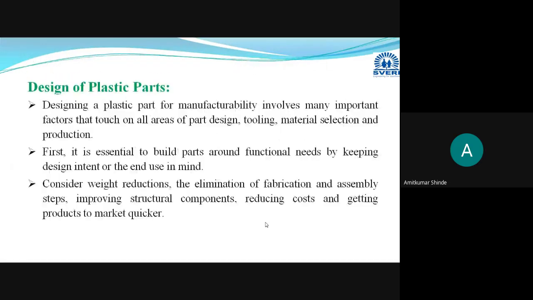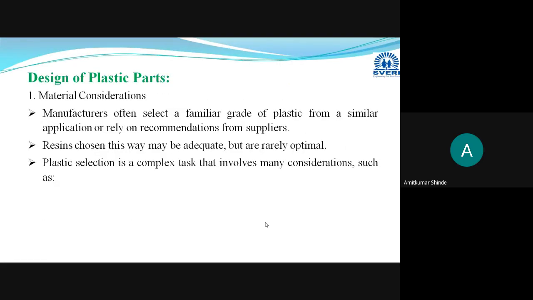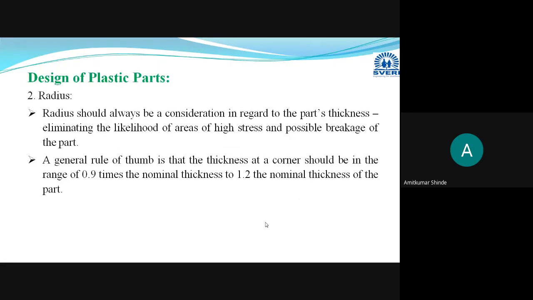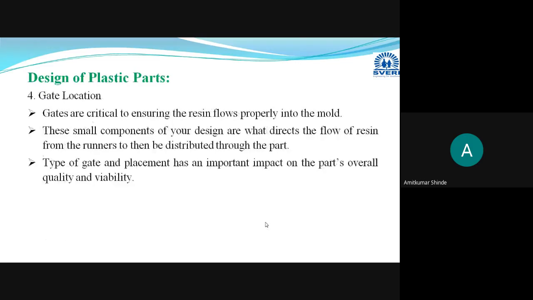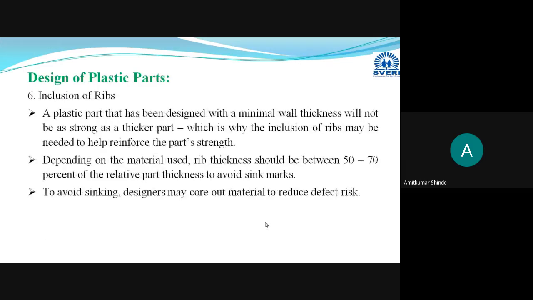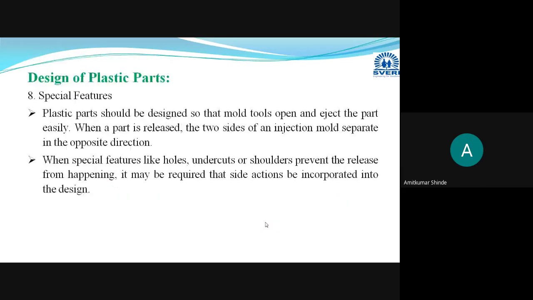First, we started with the design of plastic parts and which factors we have to take into consideration. We considered different factors like material considerations, and then radius, wall thickness, gate location, drafts, then ribs, mold shrinkage, and some special features.